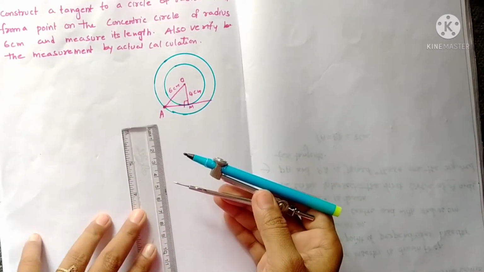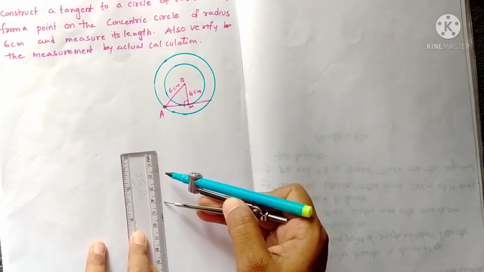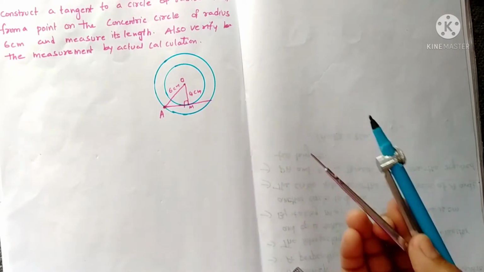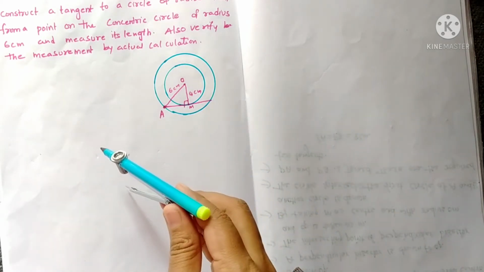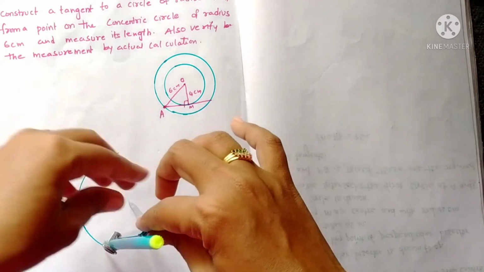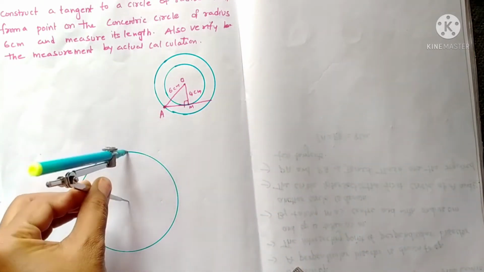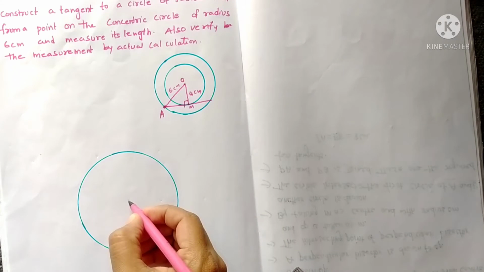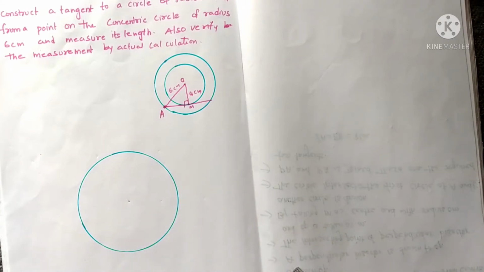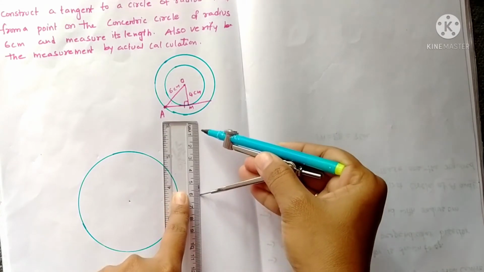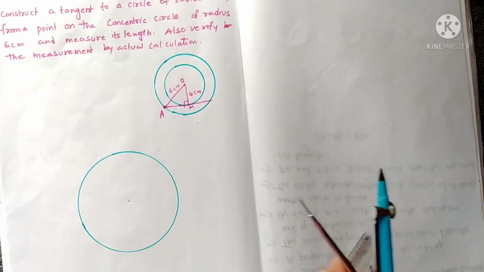First take the scale and measure the 4 centimeters radius. So this is 4 centimeters. With this, draw one circle. This is the center of the circle. Now take the radius of 6 centimeters.